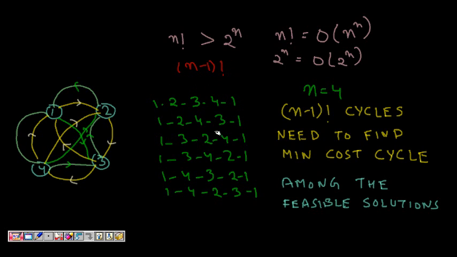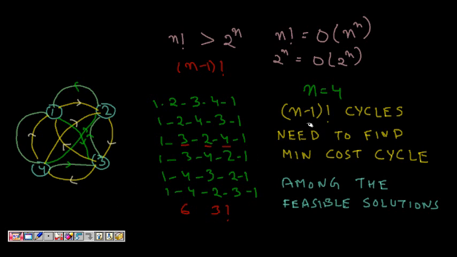So these are the ways in which I can go from 1 to 2, 2 to 3, 3 to 4 and back to 1, or for these 4 cities I can go 1, 2, 4, 3, 1; then 1, 3, 2, 4, 1; 1, 3, 4, 2, 1; 1, 4, 3, 2, 1; and 1, 4, 2, 3. So there are 6 possible ways, which is 3 factorial.